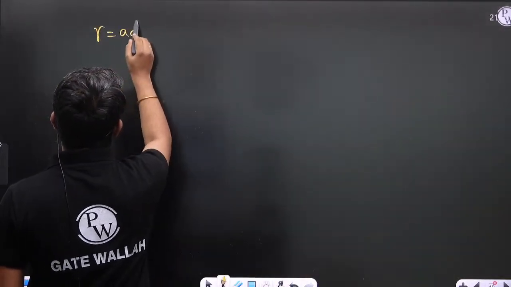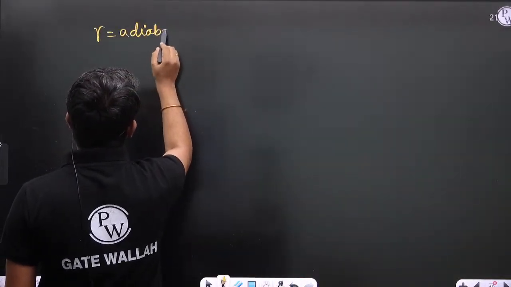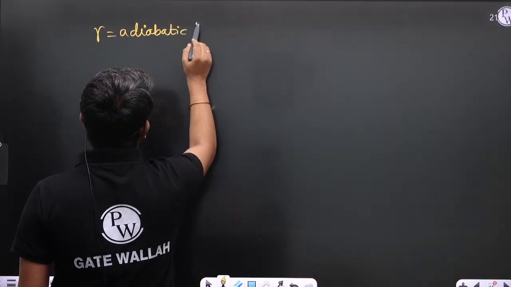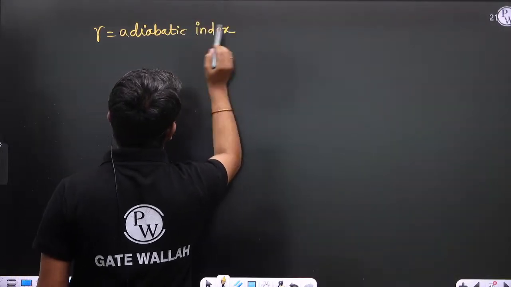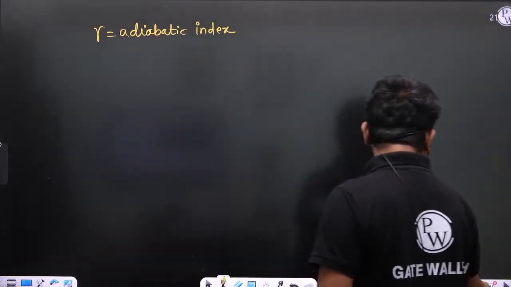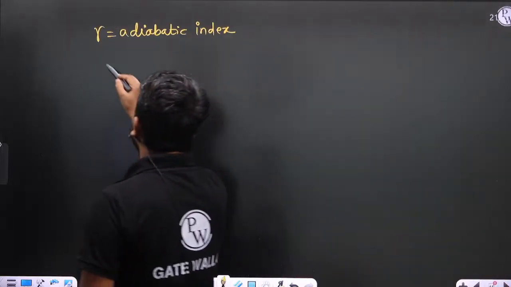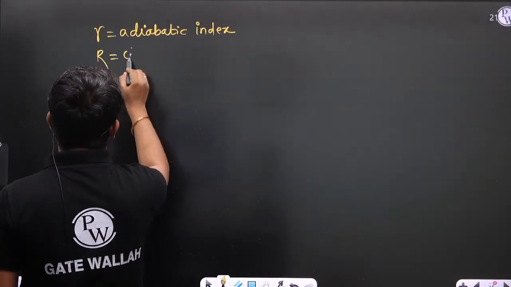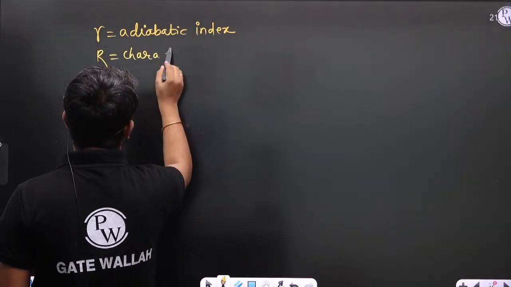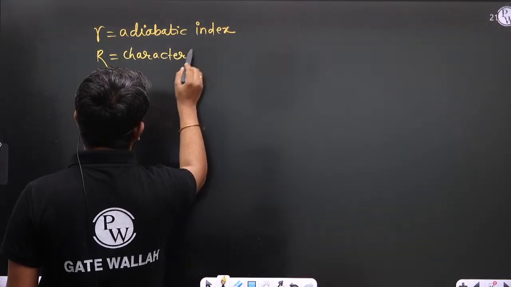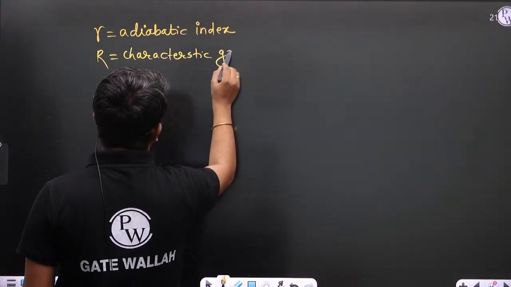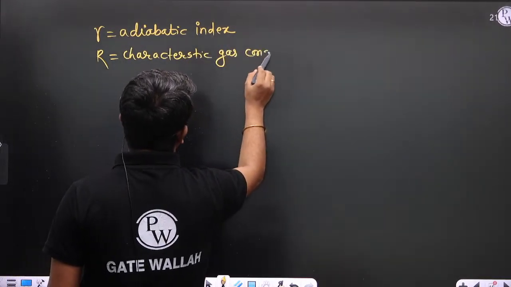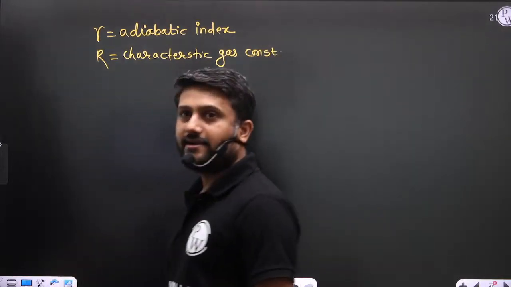We already discussed this. What is the R? That R is a characteristic gas constant.